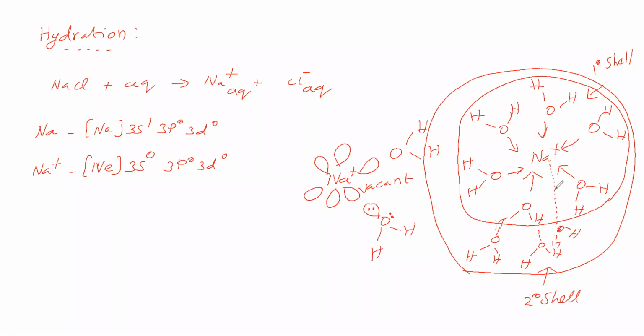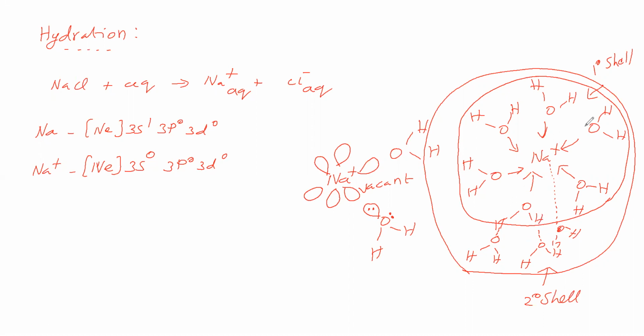These water molecules also make attraction with the Na+ ion, because Na+ has positive charge. Secondary shell water molecules attract the primary shell particles either by hydrogen bonding, van der Waals force, or ion-dipole attraction.